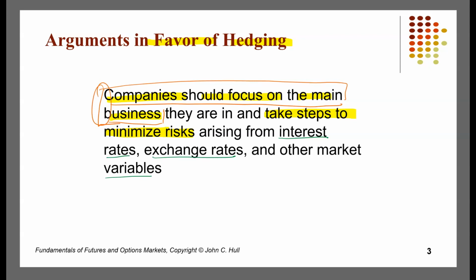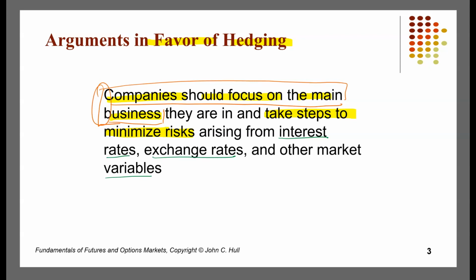The way you would think about it is, if a company understands that they have to purchase the raw material for the goods and services that they're offering, and that the price of that raw material changes quite a bit, it only makes sense that the company works towards minimizing the risk of paying too much for that raw material.